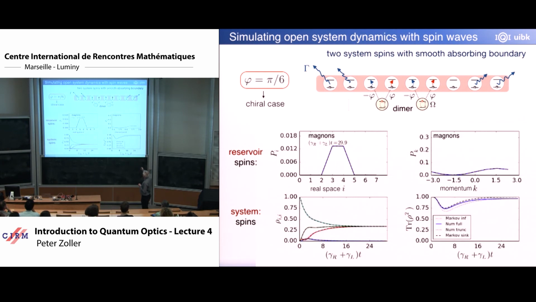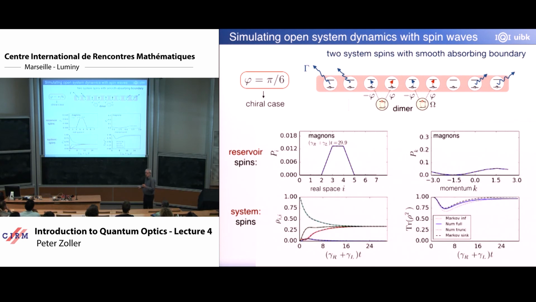On the right-hand side, you can see the magnons that are being emitted, and this is momentum. You can see this is peaked over here, and what this means is that effectively you get magnons only propagating in one way, but not in the other way. You can see there's a peak for positive k, but there's a minimum here for negative k.